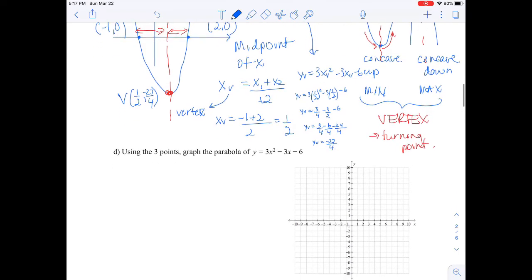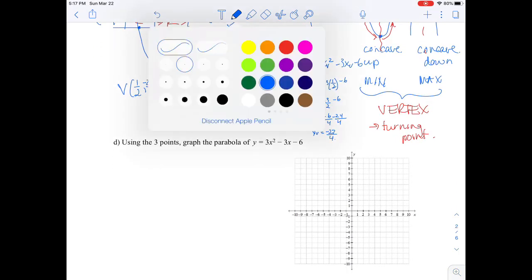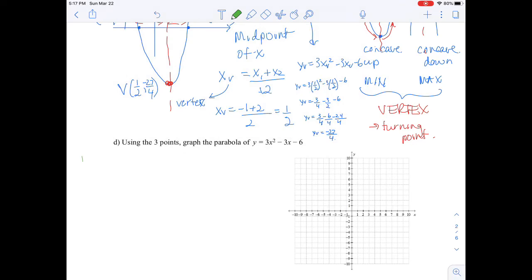So the idea is we find the midpoint. So maybe let's summarize this. To find the vertex, our first step is to find the two x-intercepts. More on that later, because sometimes there aren't two.